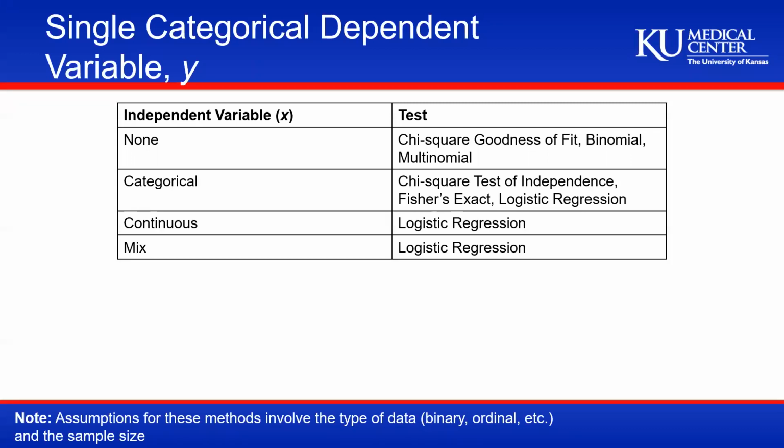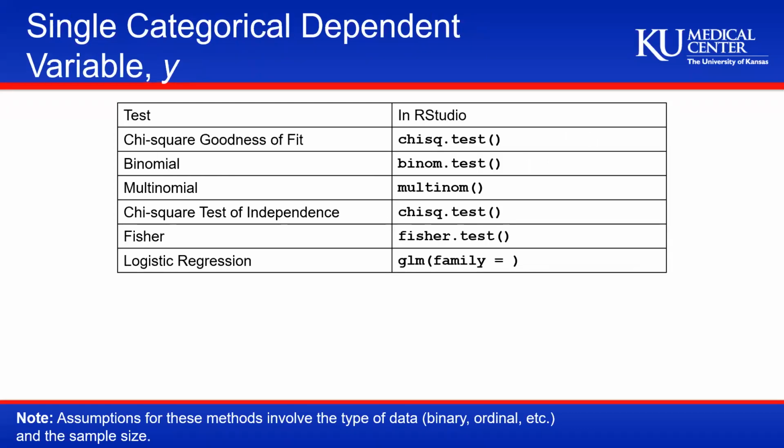If you have a very rare event, then you're going to need an enormous sample size to get enough yeses in your data set. So again, it's tied to how big the sample size is and what the rate of each of the possible outcomes is in the sample. It has to be big enough for it to be informative. These can all be done in RStudio.